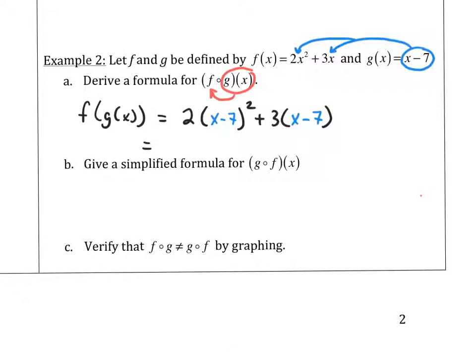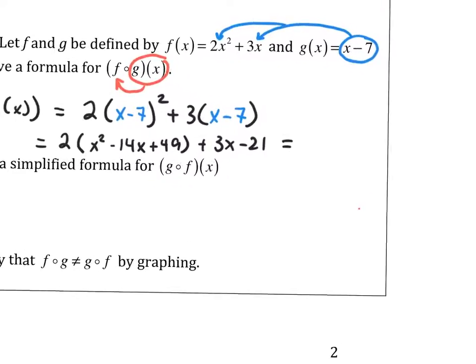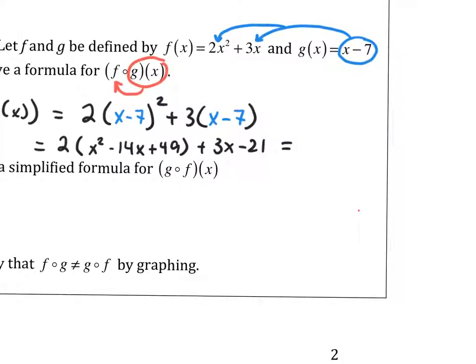Doing a few steps at once here. Remember FOIL, we can do x squared minus 14x plus 49 plus 3x minus 21. And when we simplify all that at once, we get 2x squared minus 25x plus 77.